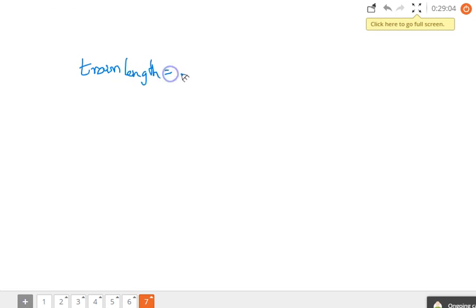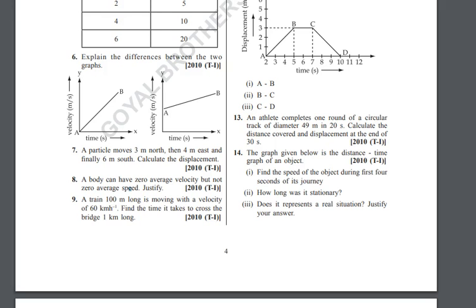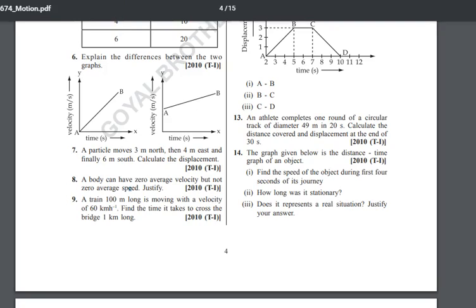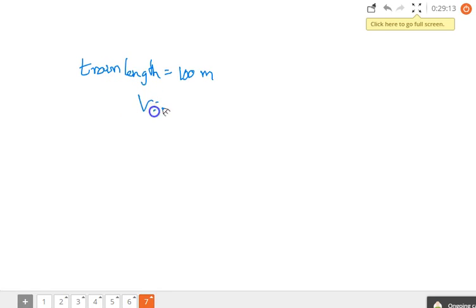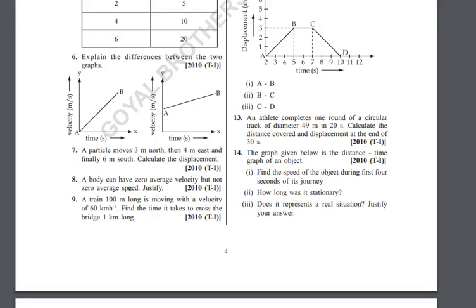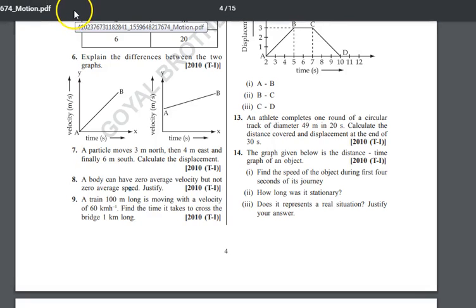It's 100 meters long. And what is the velocity of the train? 60 kilometer per hour to the power minus 1, means 60 kilometer per hour only. So it crosses the bridge of length 1 kilometer.